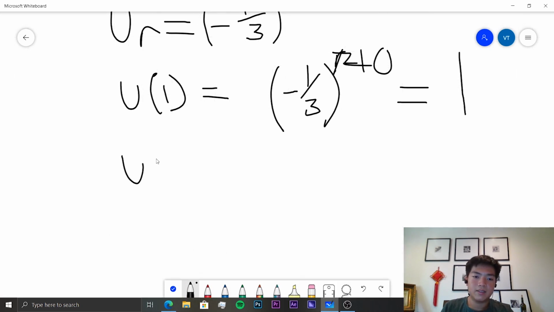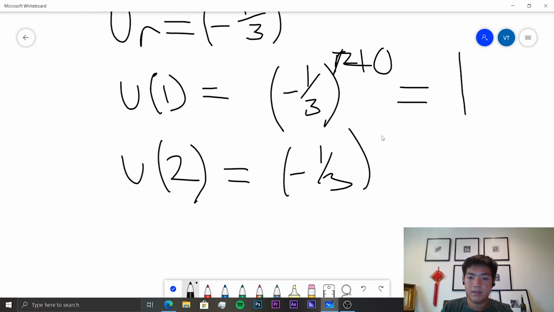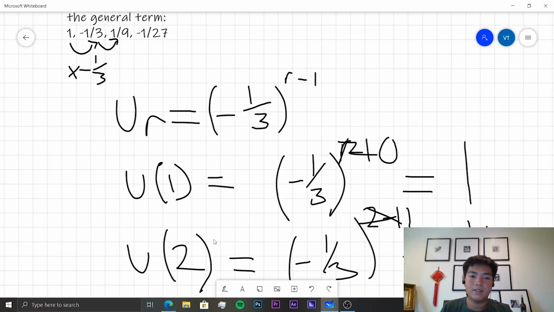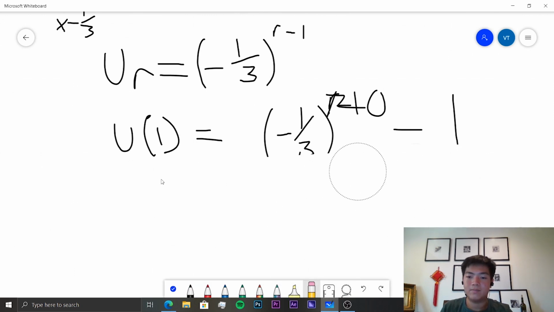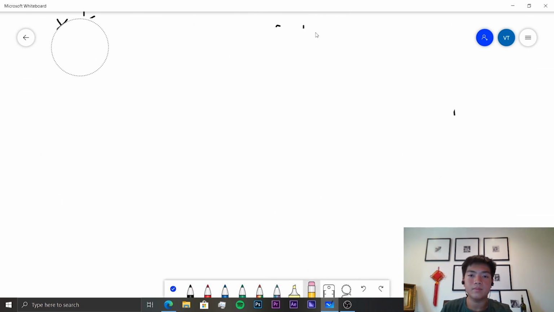So for our second term, we have negative 1/3 to the power of 2 minus 1, which is negative 1/3 to the power of 1, and this would equal negative 1/3, and so on. So that's how you find the nth term for that question. Let's go to the next problem.